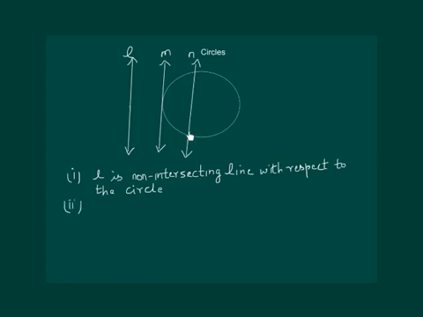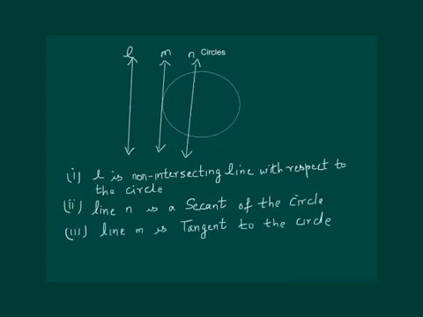In the second case, when there are two intersecting points of the line and the circle, we say that line N is the secant of the circle. And the third case, when there is only one point which is common to the line and the circle, we say that line M is tangent to the circle.